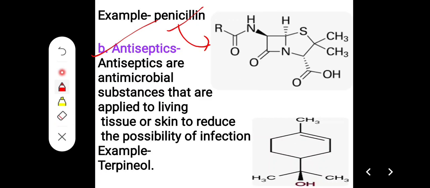It should destroy the possibility of forming infection in future days. Example: terpinol, and this is the terpinol structure.